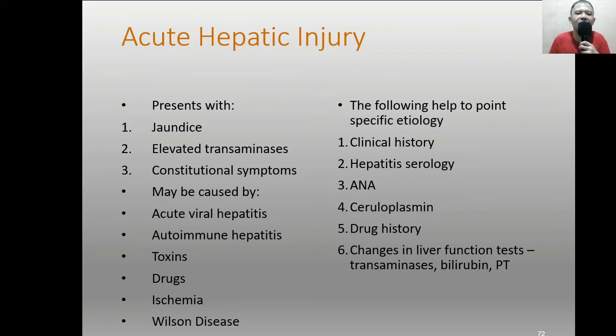ANA, anti-nuclear antibody assay, deals with autoimmune hepatitis. Ceruloplasmin deals with copper, so that's Wilson's disease, then drug history, and the changes in the liver function test.